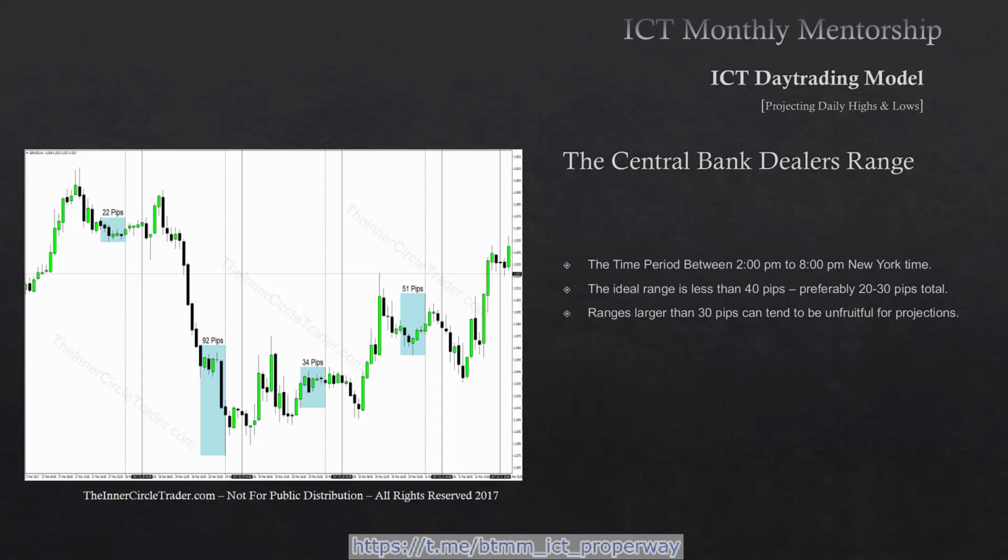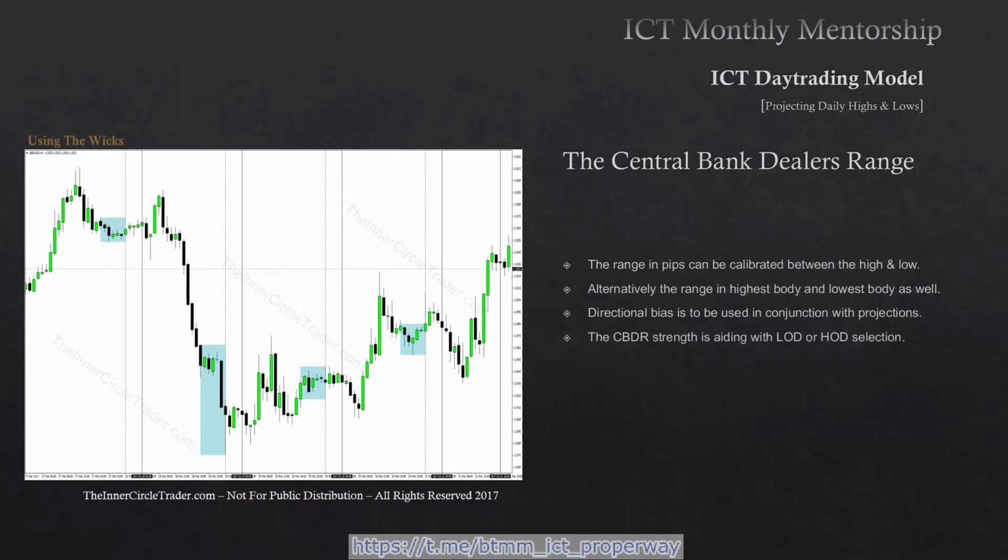We move to the sidelines and we do not look to trade with the central bank dealers range in our repertoire when the range is greater than 40 pips. And again, we're focusing on nailing down where the high of the day and the low of the day may be formed.